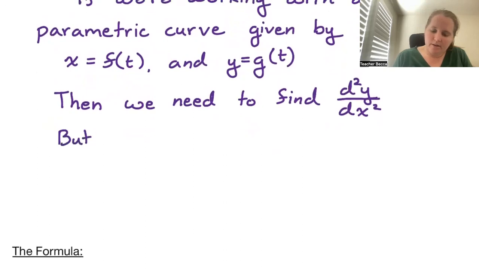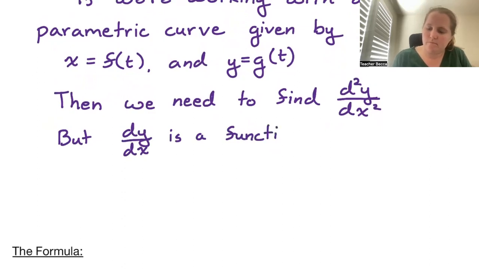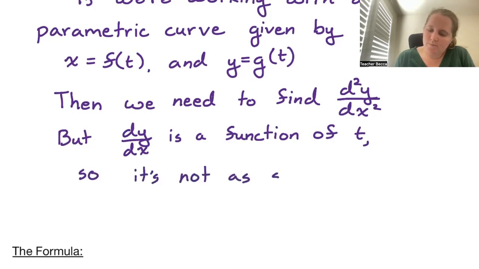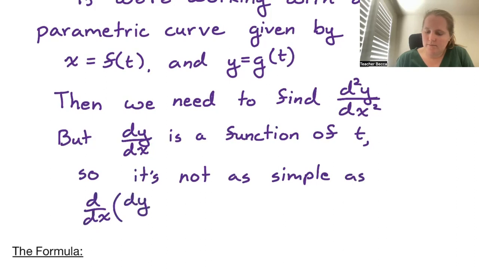But dy dx is a function of t. So we can't just take the derivative with respect to x. It's not as simple as taking the derivative with respect to x of dy dx.